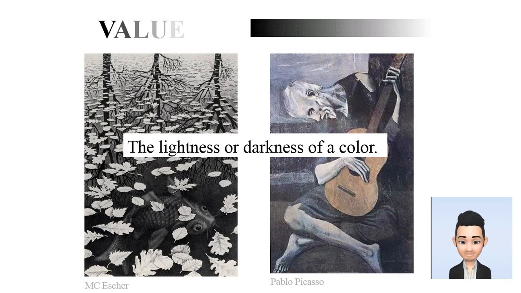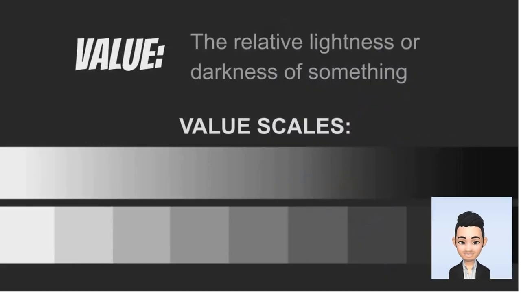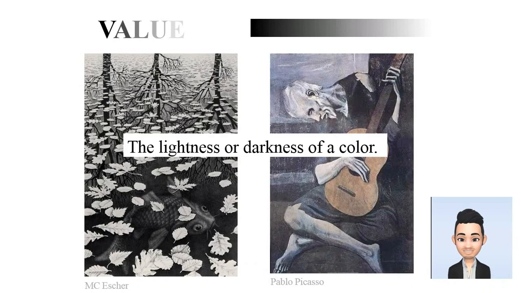So here we see an example of some value scales. A scale of values would just be going from light to dark or dark to light. So value just tells us whether things are light or dark or something in the middle. And that leads us into our next element of art, which is color.